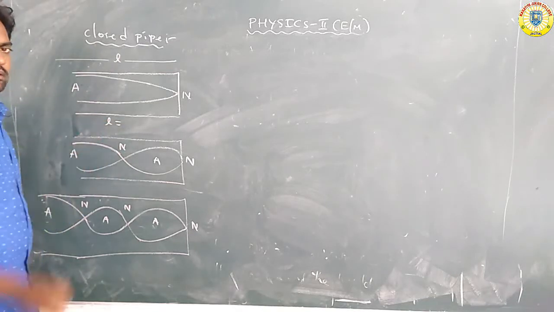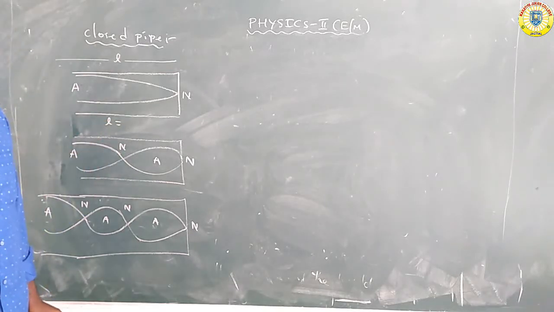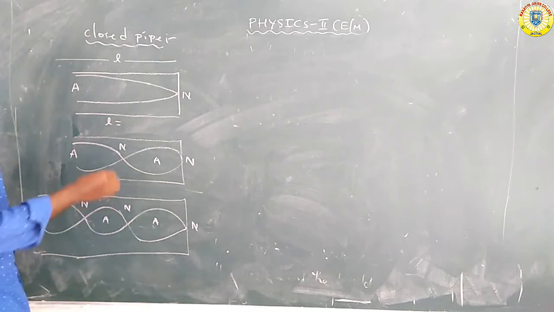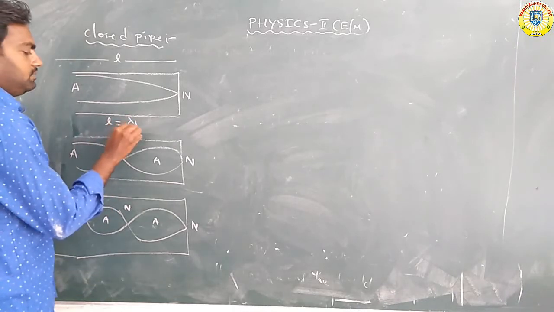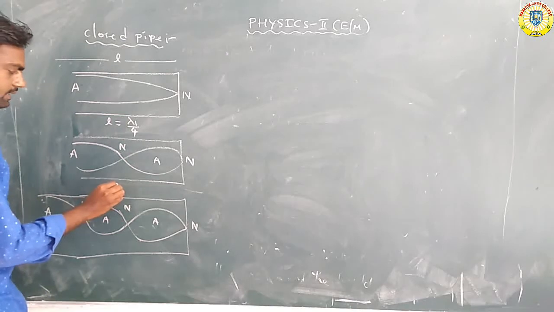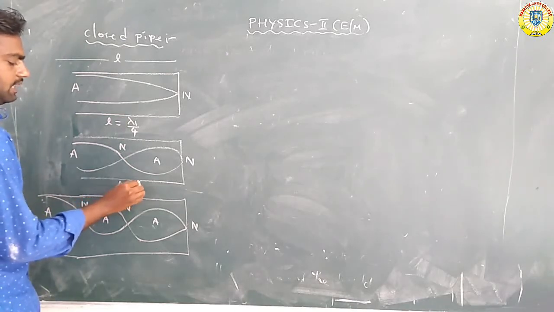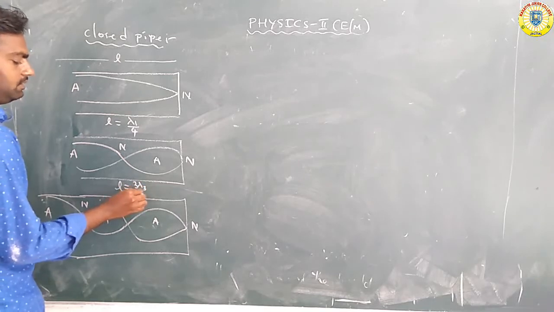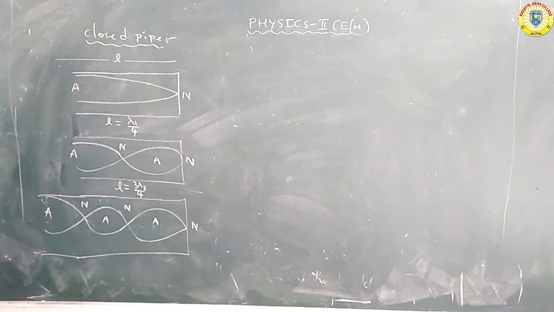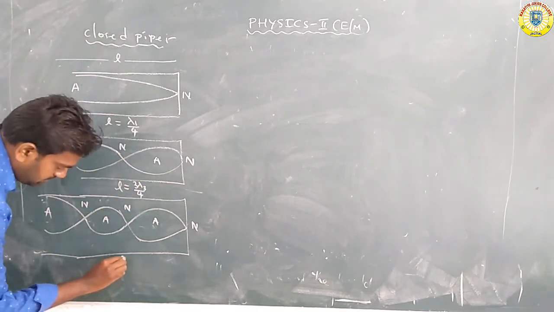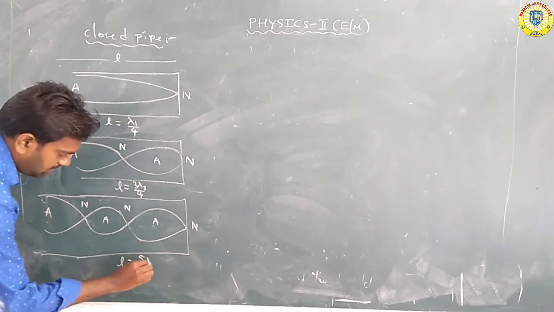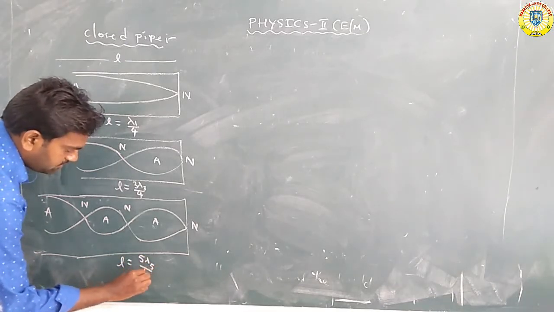L is equal to lambda 1 by 4, L is equal to 3 lambda 3 by 4, L is equal to 5 lambda 5 by 4.